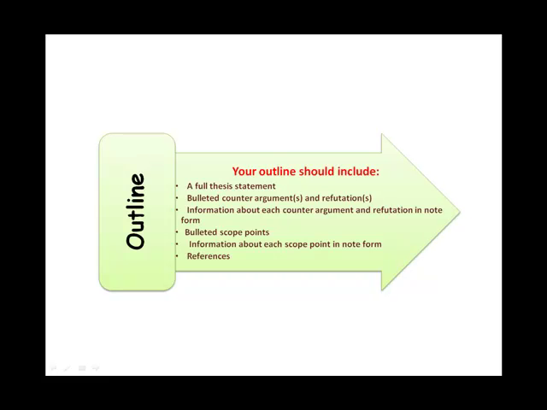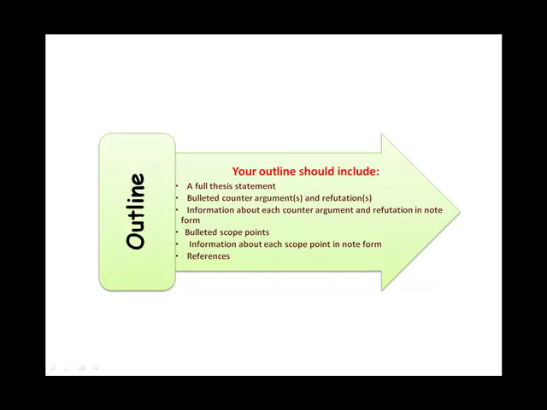You don't need to write a sentence just yet. Now, depending on what type of argumentative essay you're doing, you might need several counter-arguments and refutations. Then, in note form, under each bullet point, you'll want some information about the counter-argument and the refutation.